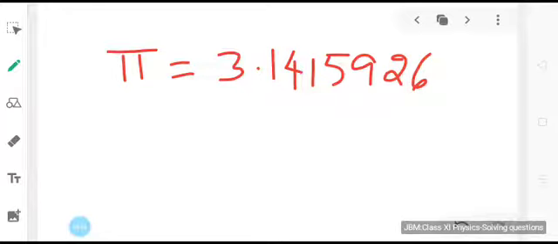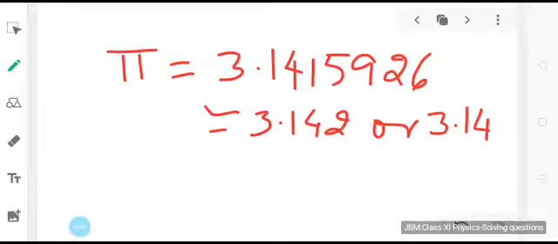So we can take the approximate value of pi as 3.142 or 3.014, depending on the significant figures and the most precisely measured quantity.